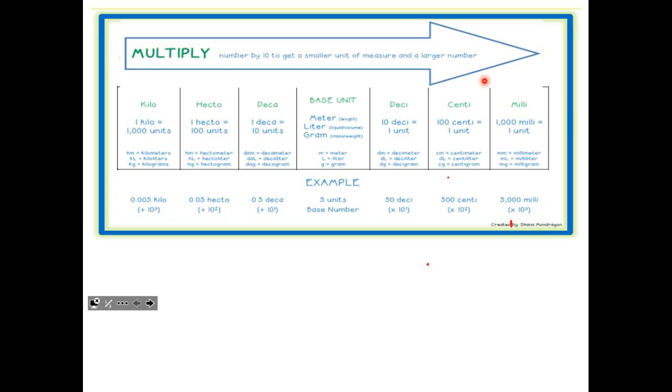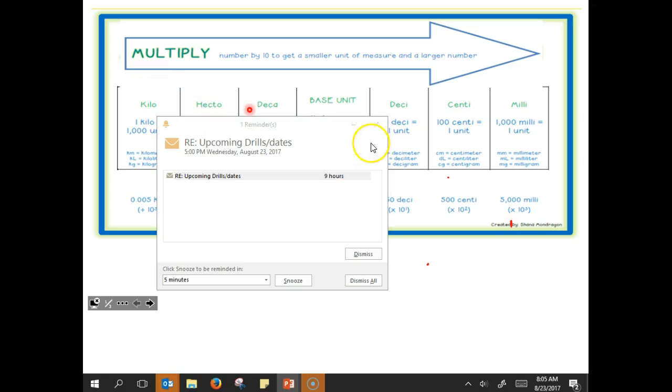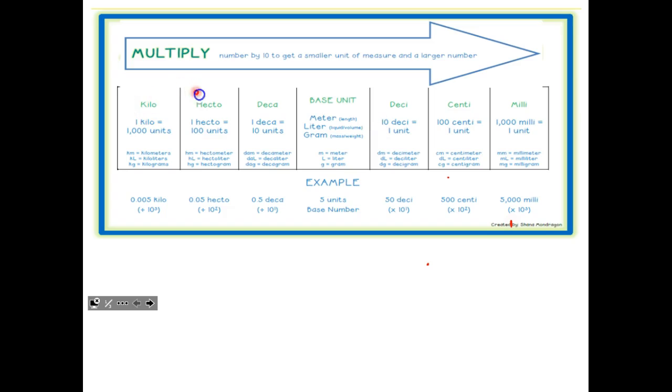So a couple ways that you can remember it. Every time that you go down a prefix, you're going to multiply by a power of 10, right? So if you just hop from kilo to hecto, you'd multiply by 10. If you just went from hecto to deca, you'd multiply by 10. If you went from kilo to deca, you'd multiply by 10 and by 10 again, so essentially 100.